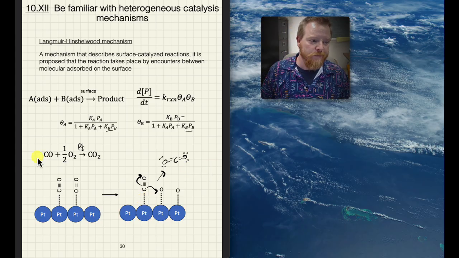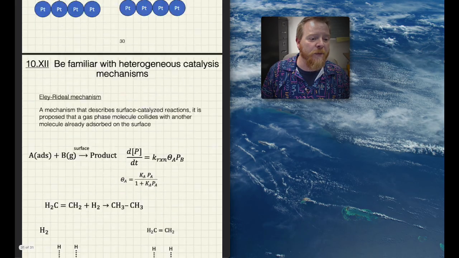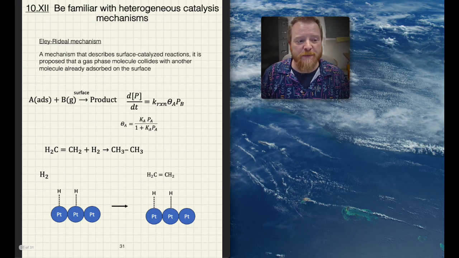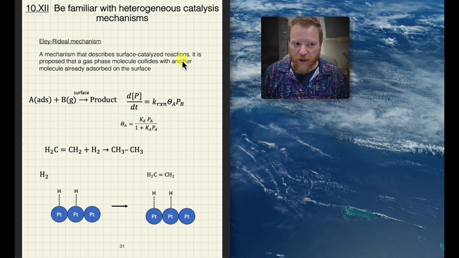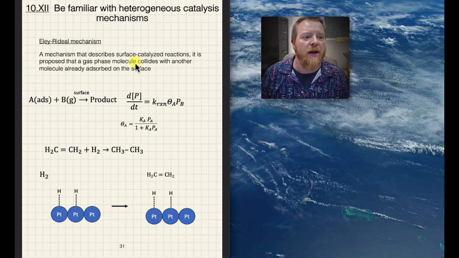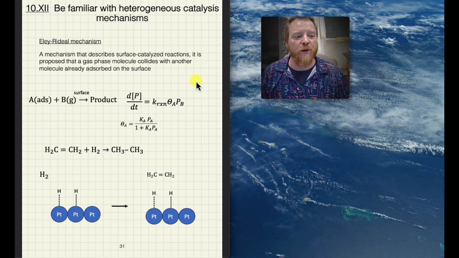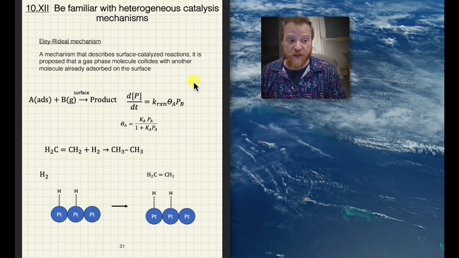The other surface catalyzed mechanism that I want to describe that's very common to see is the Eley-Rideal mechanism. This is a mechanism, once again, that describes surface catalyzed reactions, but it's proposed that a gas phase molecule collides with another molecule already adsorbed onto the surface.